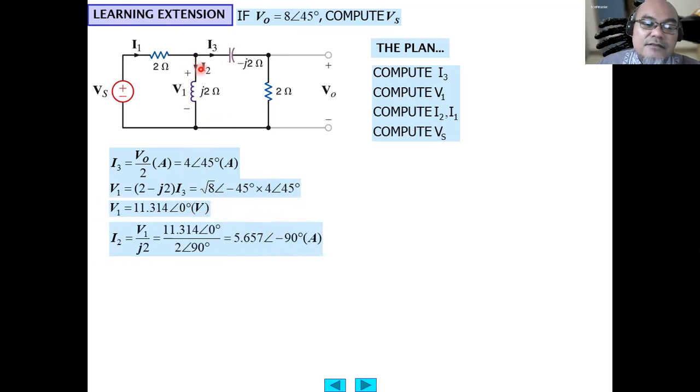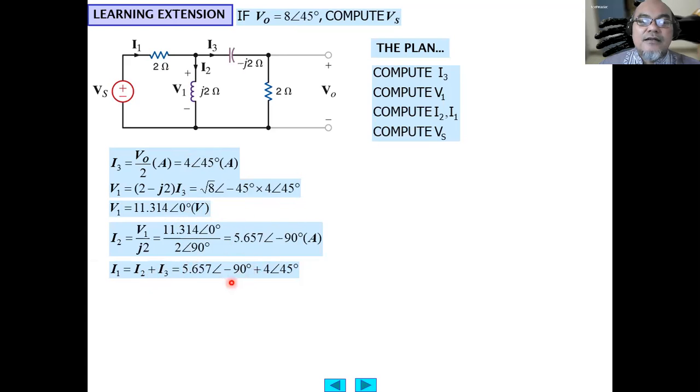Then current I2 equals V1 divided by j2, the impedance. So we will obtain here 5.657 with phase angle of minus 90 degrees. Then I1 equals I2 plus I3.